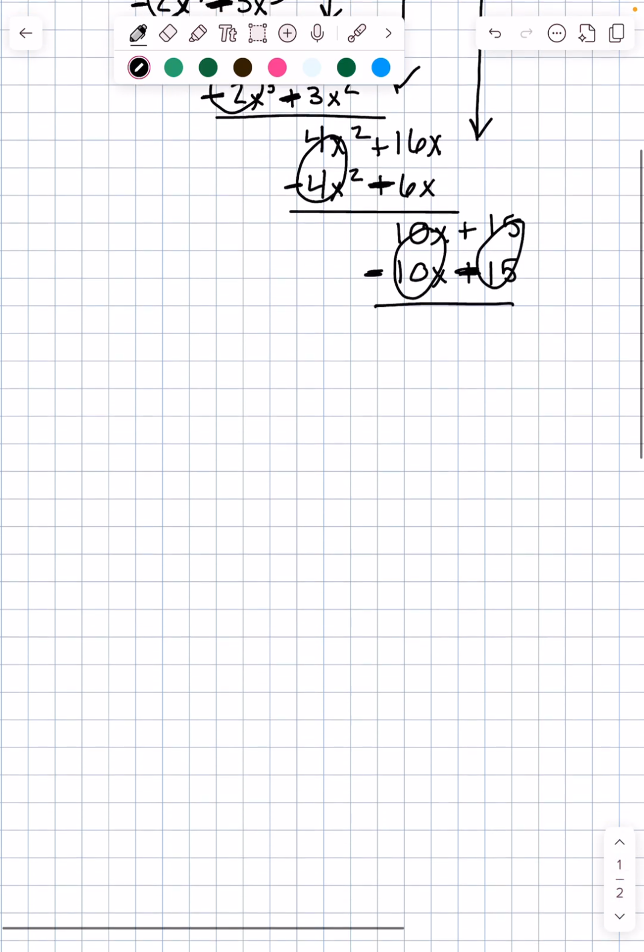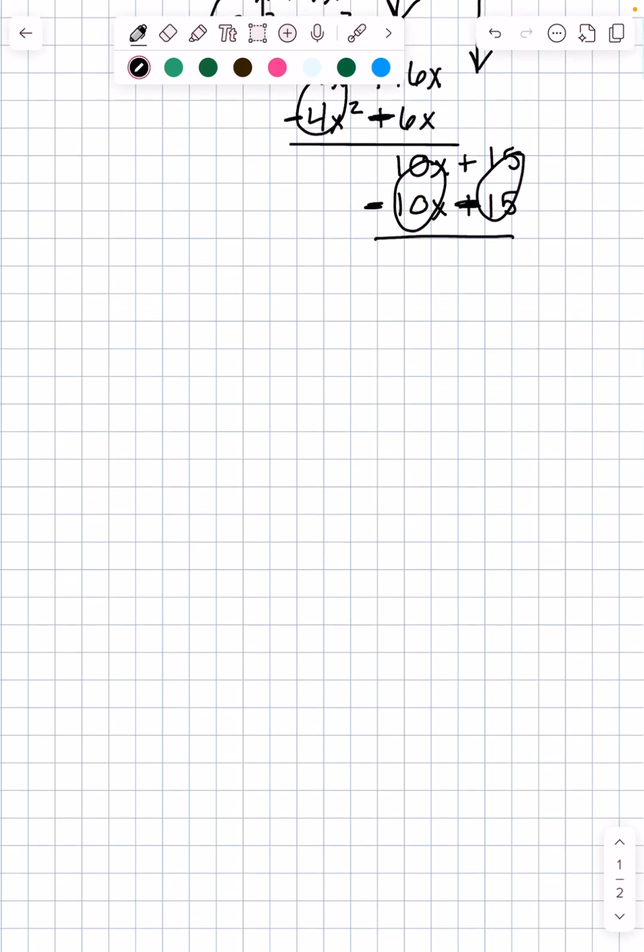So let's do another example, since that one just did not go the greatest. Let's do x to the fourth plus 4x squared plus 5x minus 5 divided by x minus 3, okay?